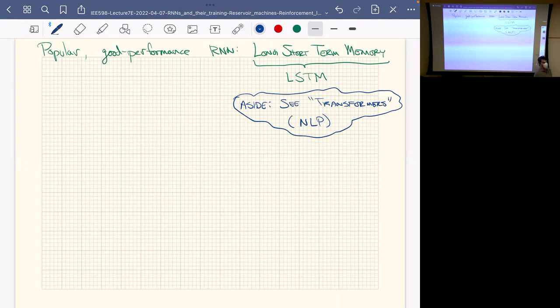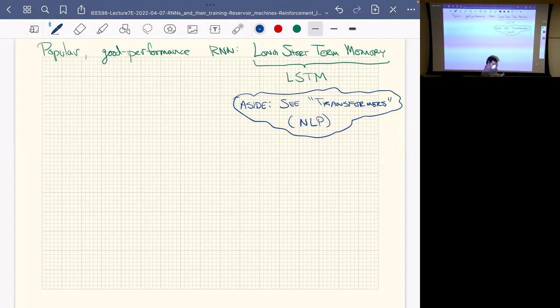I don't really have anything prepared that I can speak intelligently in front of a class on it, but I do want to at least mention that for a long time, LSTM was the go-to tool for text prediction, for a lot of applications in natural language processing of trying to analyze and predict what needs to come next. But as of more recent times, these so-called transformers have taken over, which are actually feed-forward neural networks.